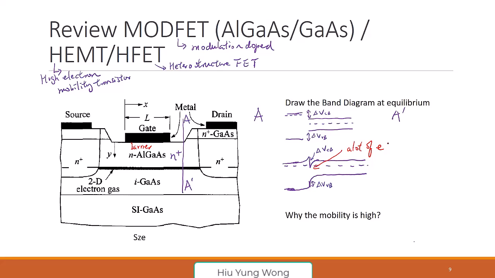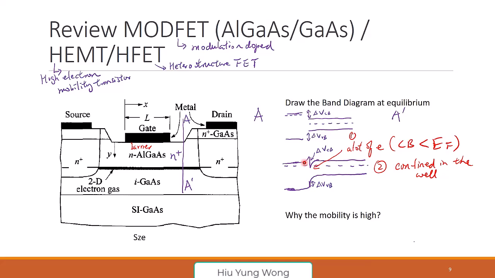Because the conduction level is less than the Fermi level. Very good. Because now the Fermi level is above the conduction band. Just solve the equation, you get a lot of electrons. That is one thing. Second thing, it is confined in the well. Correct? Because once you leave this part a little bit, your band goes up, and I don't have electrons. The electrons cannot move to other places.